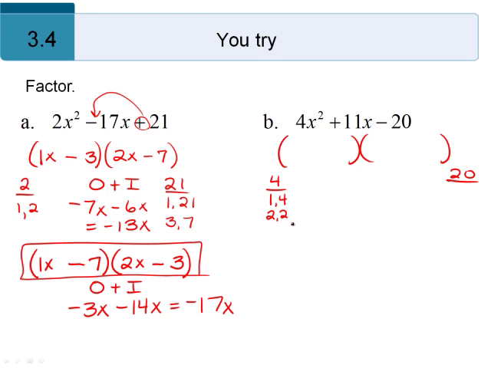You want to keep those in their pairs together. For 20, we have 1 and 20, 2 times 10, and 4 times 5. Normally for 4, I would say start with 2 and 2. But remember, one of those 2's is going to have to go with one of the numbers over here with the 20, and you cannot have a greatest common factor in any one of your parentheses.